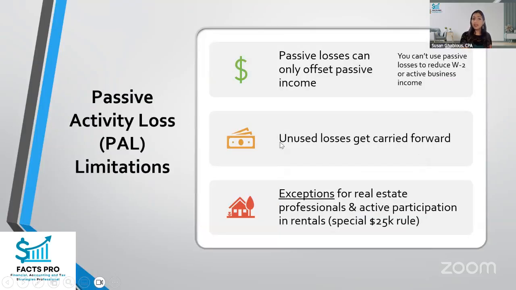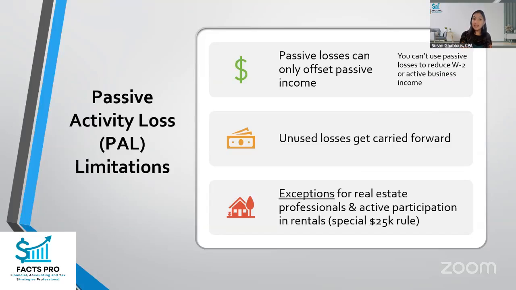Passive activity loss limitation. When it comes to high earners, there is a passive activity loss limitation. Just to put this on the table, passive losses can only offset passive income. So you can't use passive losses to reduce your W-2 income or your active business income.